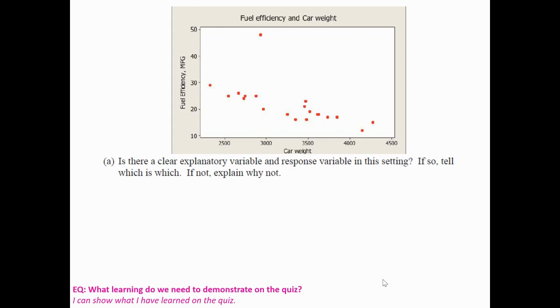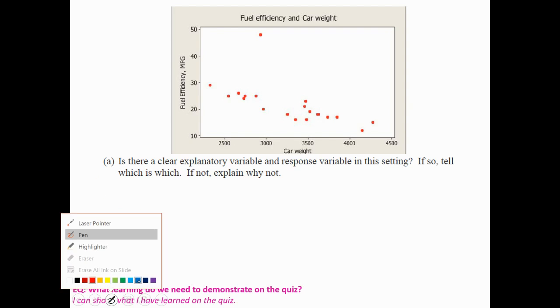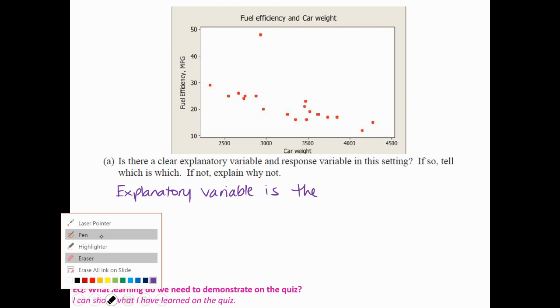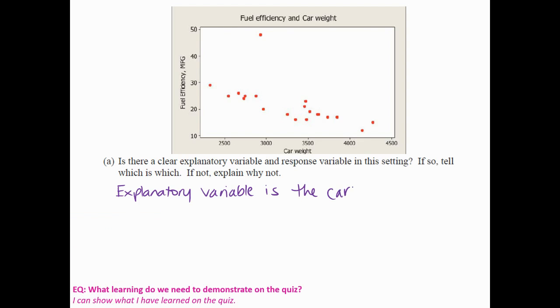Based on the scatter plot, we could assume that the explanatory variable is the x. So that would be car weight. So explanatory variable is the car weight.